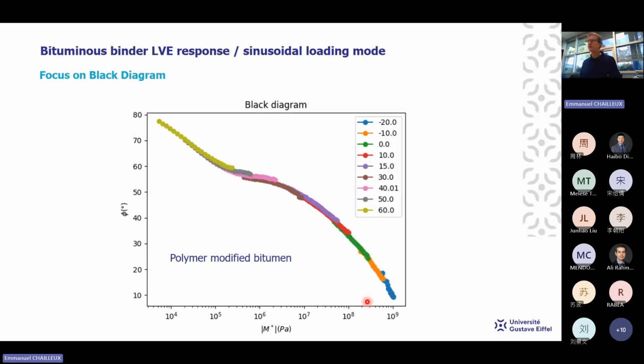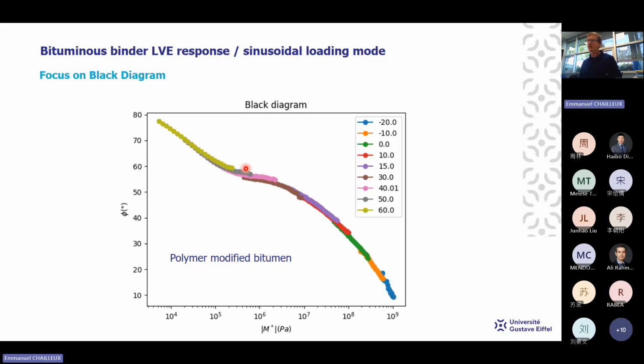So here I show you the black diagram measured on a polymer modified bitumen. We just add 5% of styrene-butadiene-styrene to a usual conventional bitumen. And what we observe is that the linear viscoelastic signature is different from conventional bitumen. We have what we call an elastic plateau here.